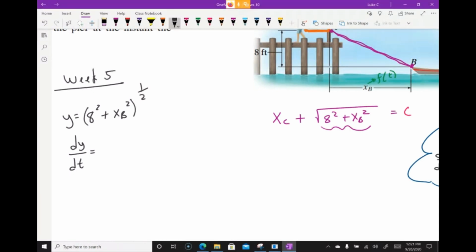We technically do because xb is a function of time. But you just take the derivative of y with respect to xb times the derivative of xb with respect to time.